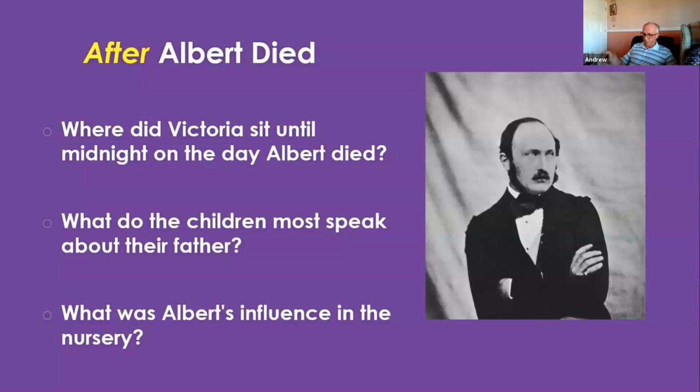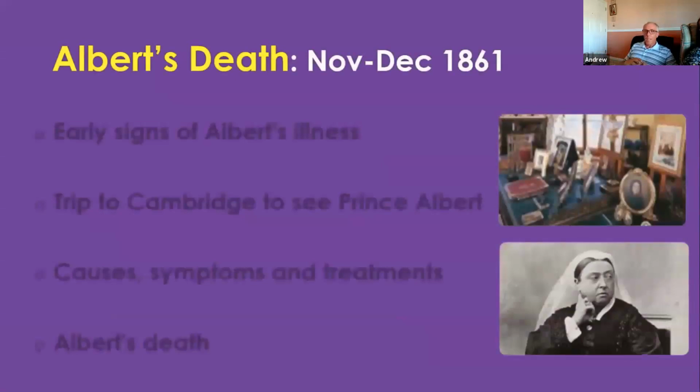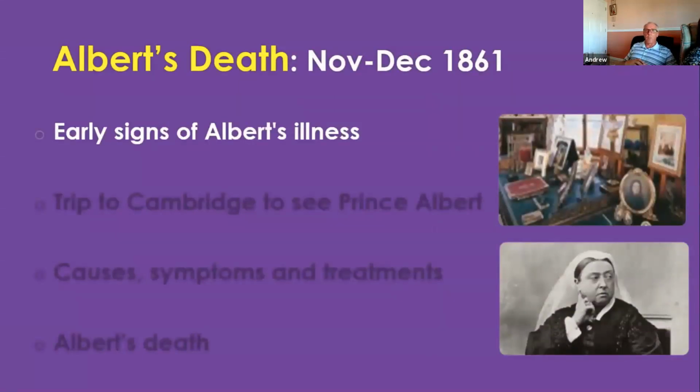Next slide, please. So we need to get to Albert's death. One other thing I could mention about Albert is that he's standoffish, a little bit introverted, and also rather fatalistic, perhaps a little depressive. He will visit Coburg in Germany for the last time in 1860, and he tells everybody on that visit that this is probably the last time he's going to be there.